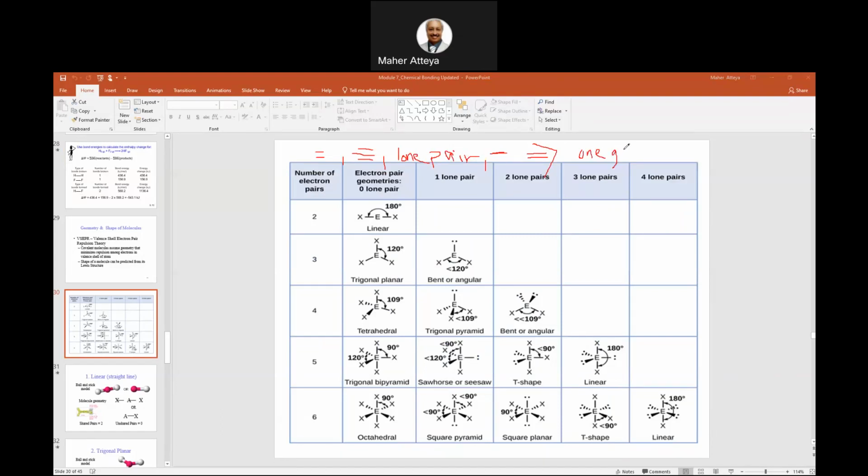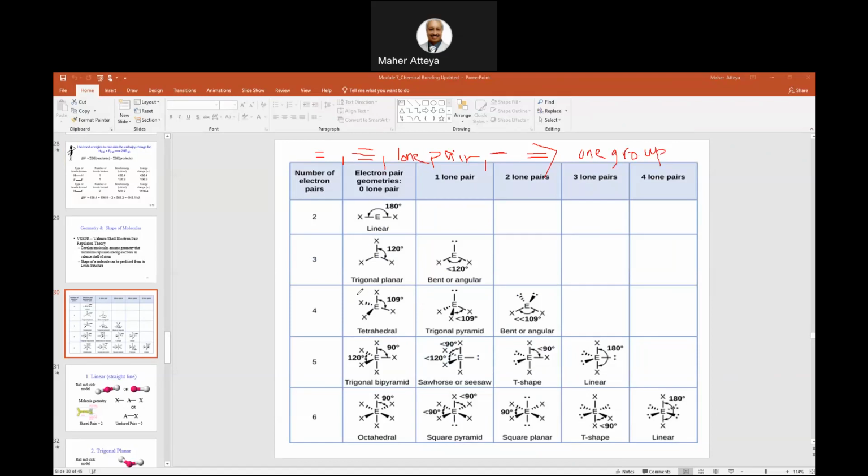Whether they are double, triple, single, or a lone pair, those are one group. They are identical. Although they have differences among themselves, in this VSEPR model we treat them the same thing.